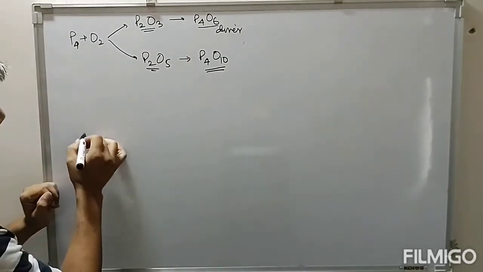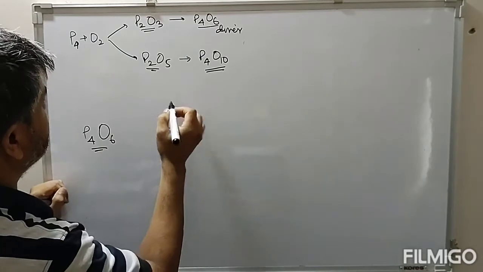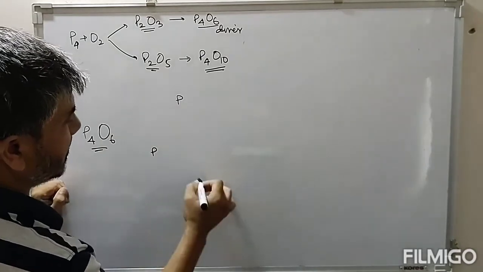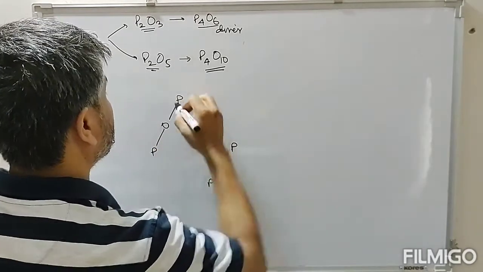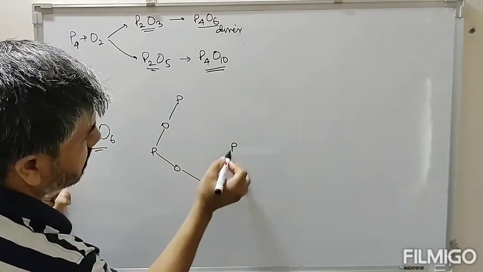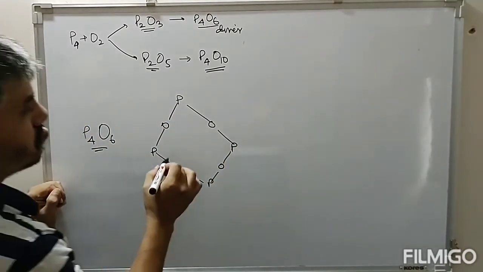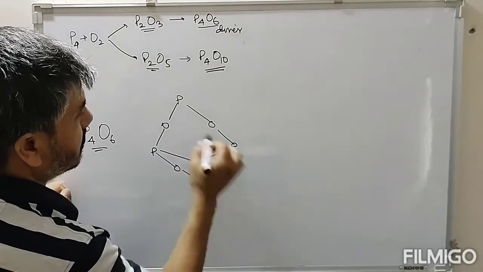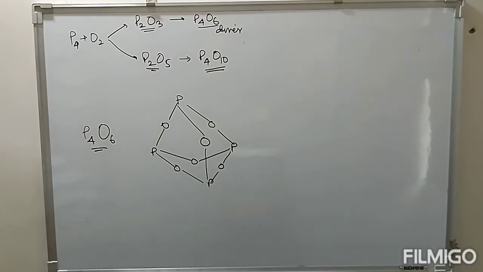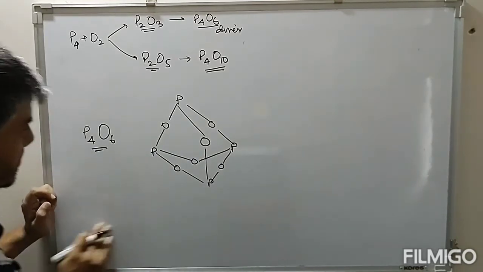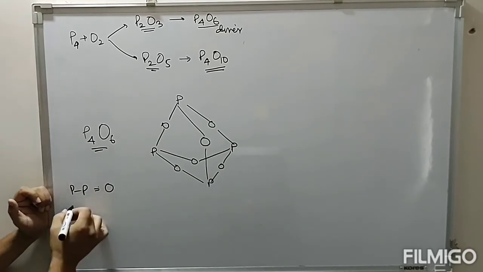So we have to show P4O6. This forms a tetrahedral type, so this is the structure of P4O6. If you look at this, the number of P-P bonds is 0.